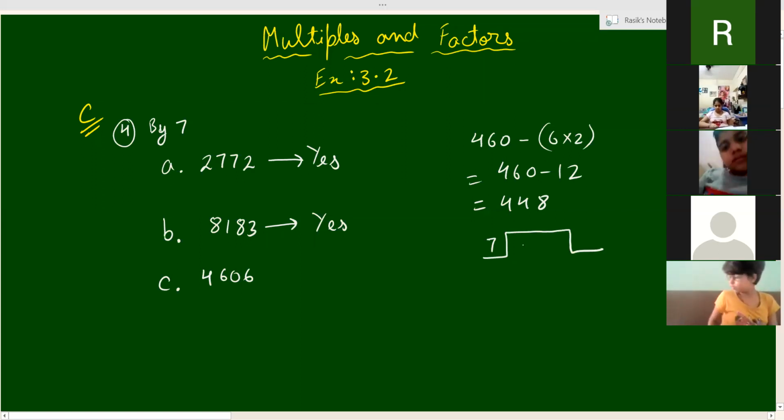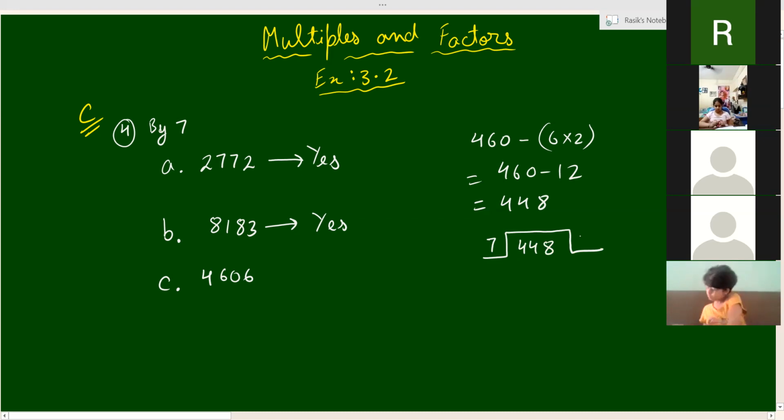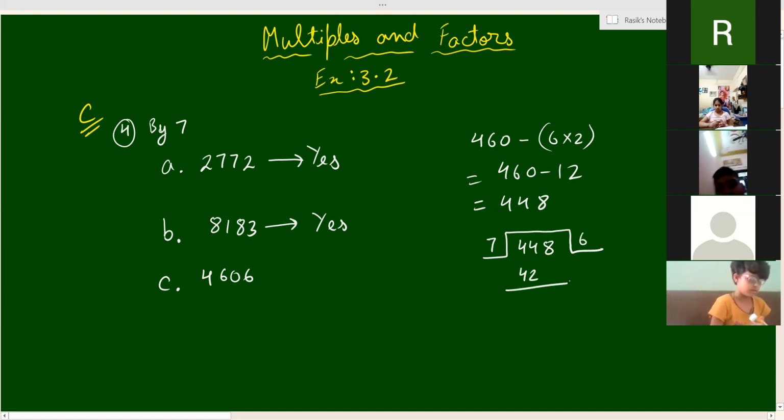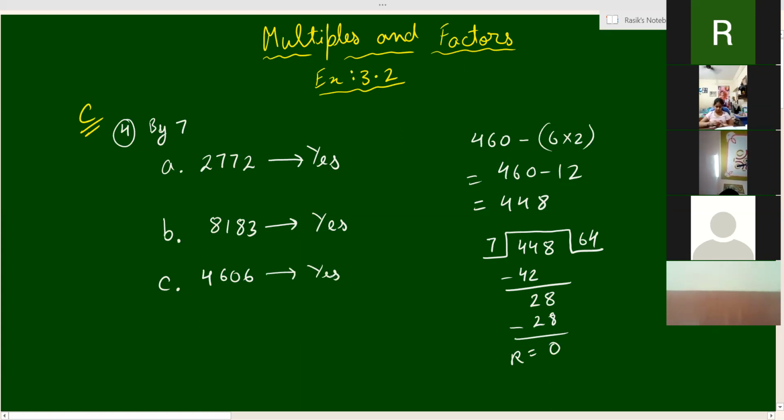Check. 7 sixes are 42. Minus, remainder 3. 8 is copied. So 7 fours are 28. Minus, remainder 0. The remainder is coming 0. That means the answer is yes. The answer is yes. Remainder is 0. So in all the three parts, the answer is coming yes.